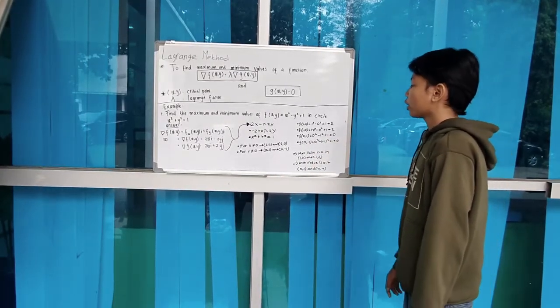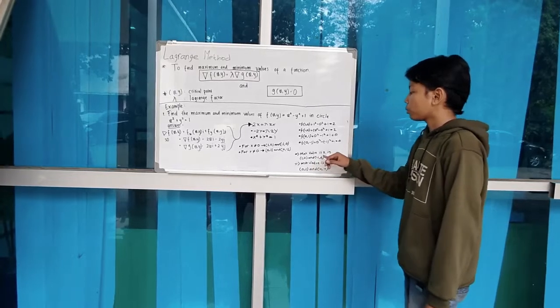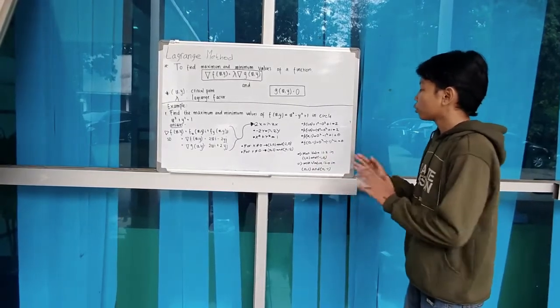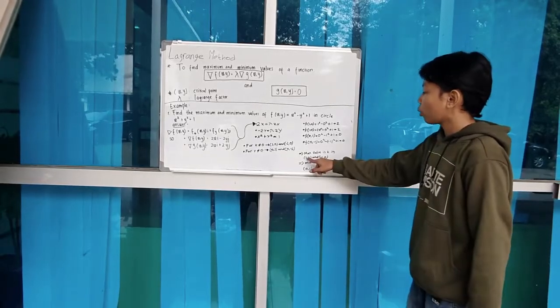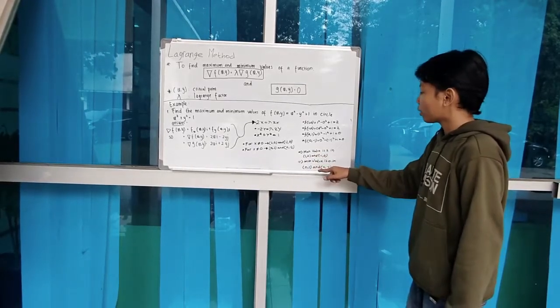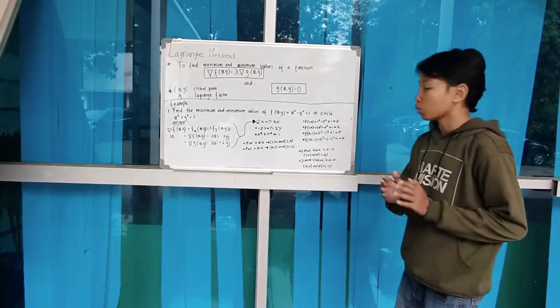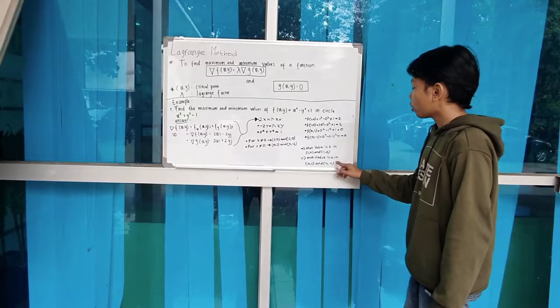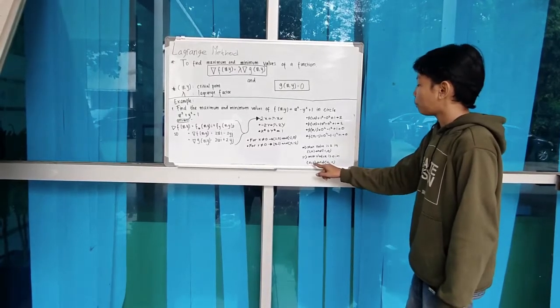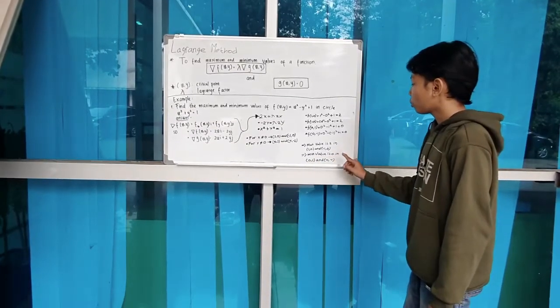And the result is the maximum value is 2 at (1, 0) and (minus 1, 0), and the minimum value is 0 at (0, 1) and (0, minus 1).